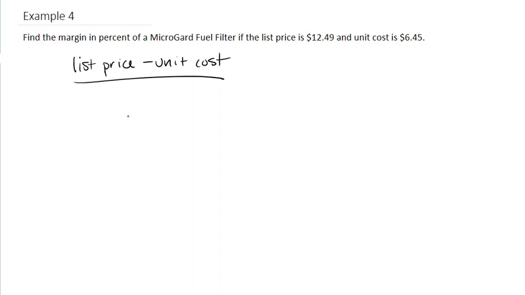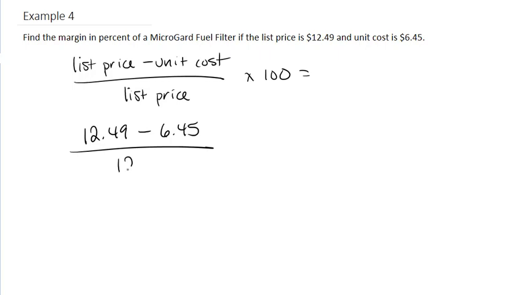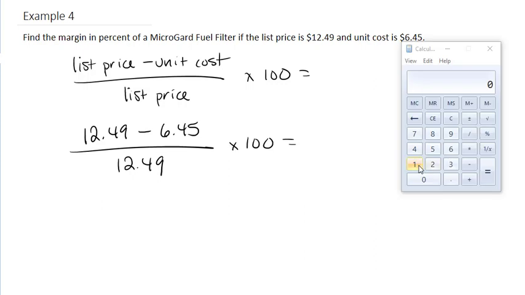So we'll take the difference of those over the list price and multiply it by 100. So let's go ahead and fill in our numbers. So we have 12.49 minus 6.45 over 12.49 multiplied by 100. Now we will put in our calculators.